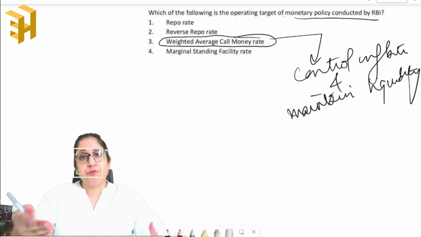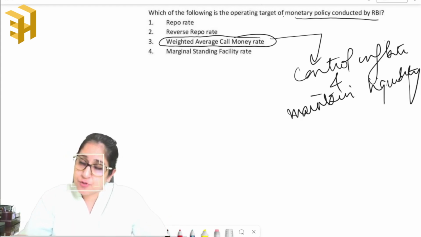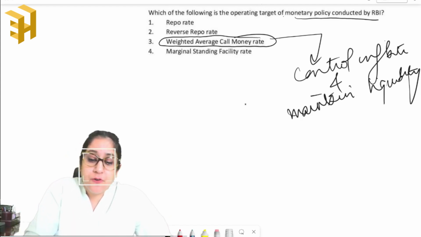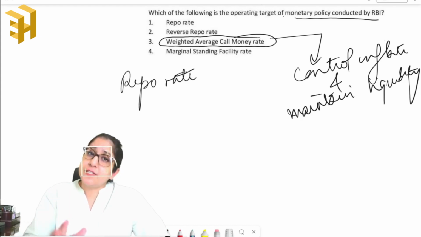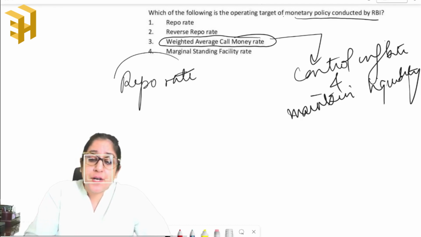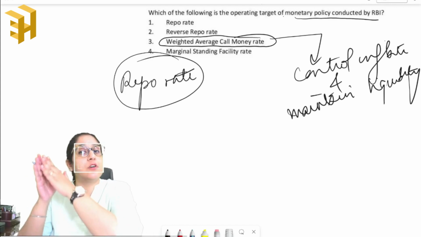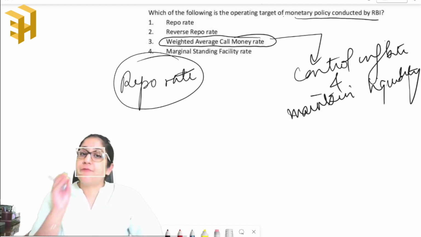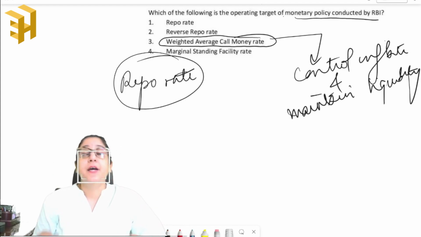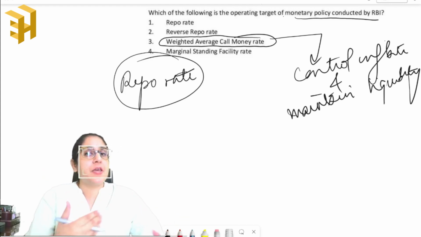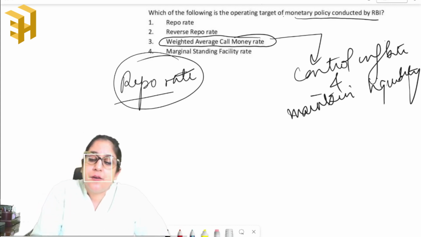Now let's go through the other definitions as well, which are very important for an economics student, right? So first is your repo rate. Now what is a repo rate? Repo rate is the rate at which the RBI lends money to the commercial banks, right? So if commercial banks have to borrow money from the RBI, what interest rate they have to pay to the central bank, that's the repo rate.